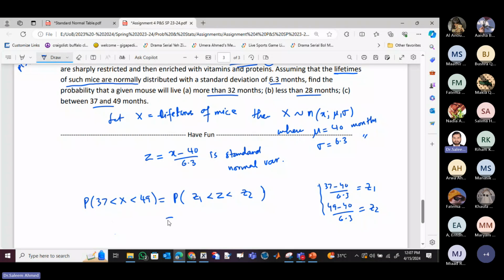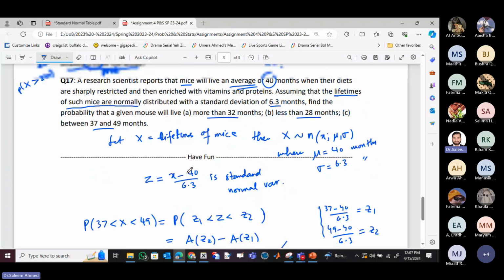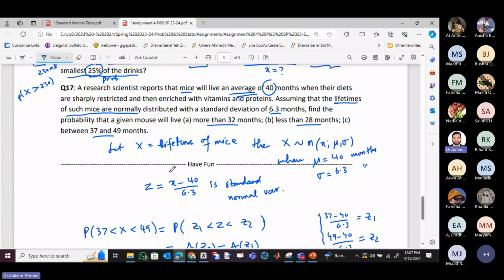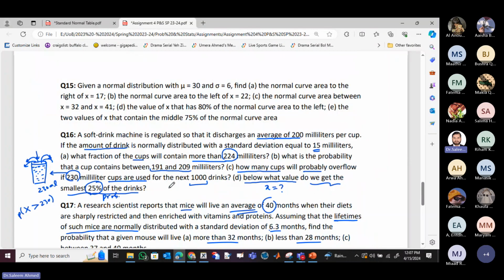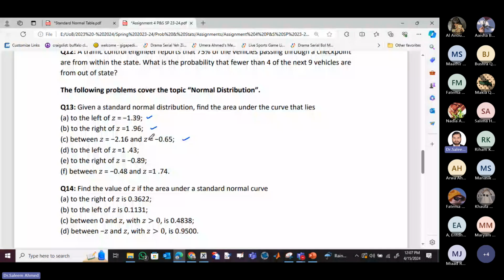Because it is between two values, I will write the area at the right end point minus the area at the left end point. Then we will use the table to find these two areas, subtract and get the answer. So it's not difficult, very easy, a very interesting topic, normal distribution. You can pick other questions as well and solve them.